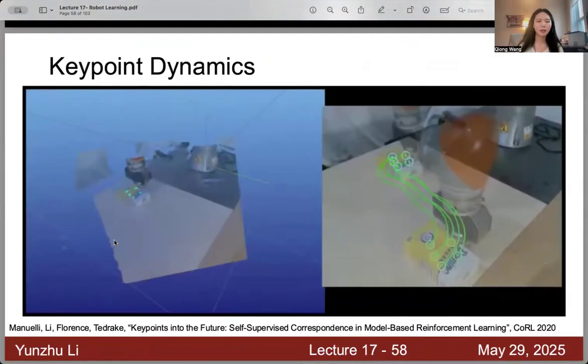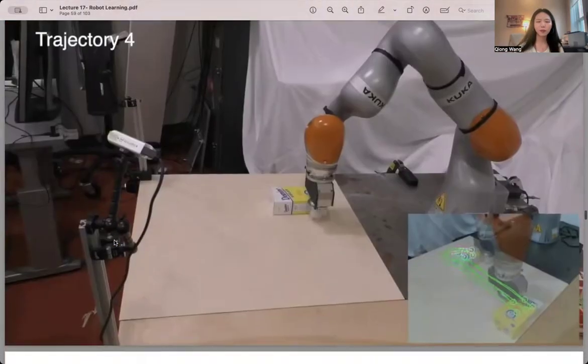The other thing we'd like to talk about is keypoint dynamics. This means we don't need detection of the whole object. We just detect and control the key points to control the things. For example, we can control the trajectory of this one.